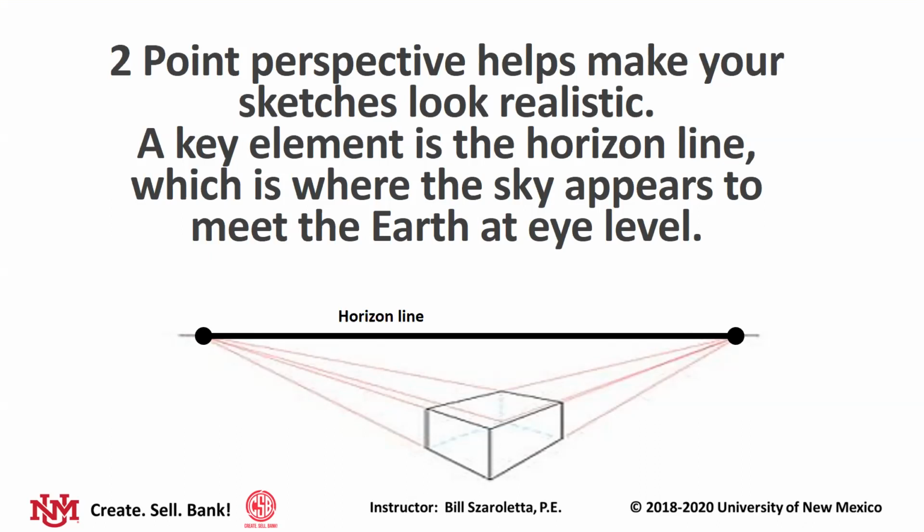So here we've sketched this rectangular prismatic solid, better known as a box. We've sketched that below the horizon line, so we're looking down on it, so we see the top surface, and we see the front left side, and we see the front right side, and we don't see the other three surfaces.